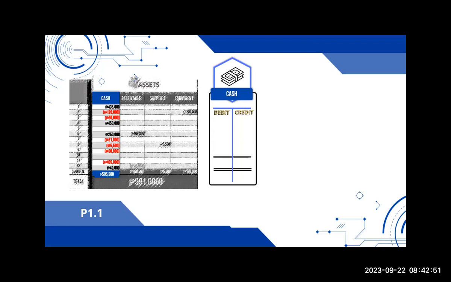Now, we'll just look at the columns. Anytime there is an increase, that would be a debit because it follows the normal balance. Anytime there is a decrease, let's do credit. So now, 435,000 increase, that's a debit. Negative 120, it decreased, so that's a credit. It decreased by 80, that's a credit in cash.